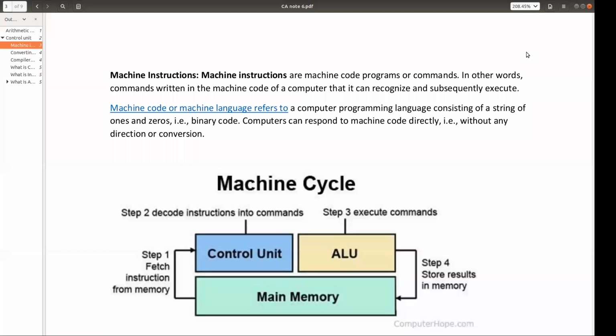So those processed data need to be stored somewhere after processing, so that the user can get the output. So it needs to be stored somewhere, and that will obviously again be a component of the computer.